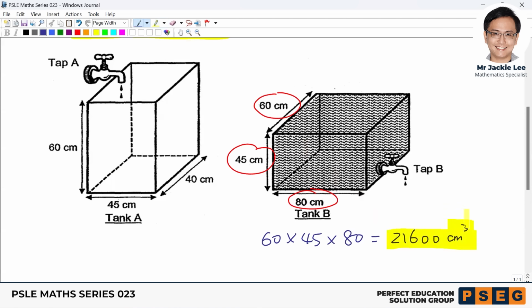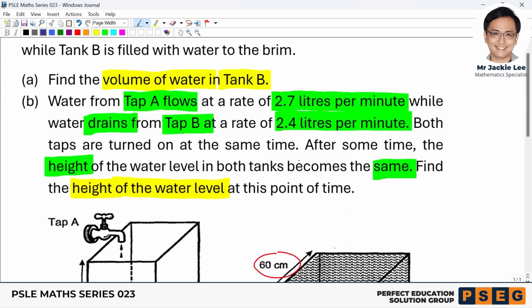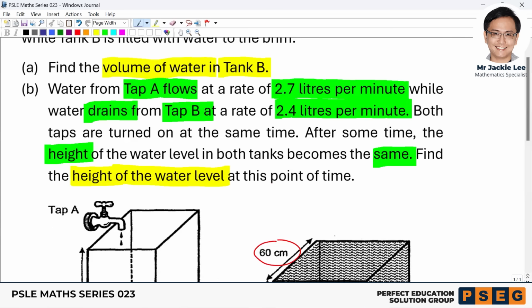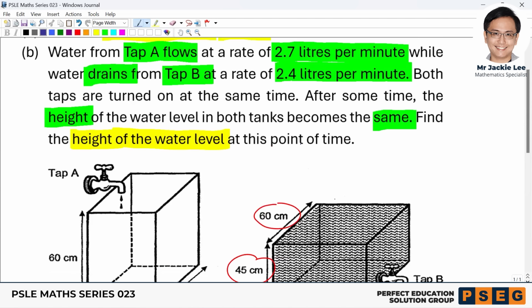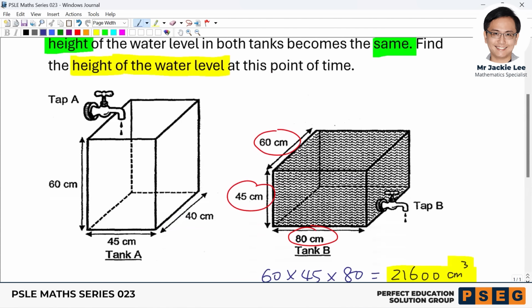Next, the water going in at this rate, which is 2.7 liters per minute. Now 1 liter is 1000 cm cube. And tap B is coming out at 2.4 liters per minute. So what we are doing next is, at the moment when the water levels are the same, let's assume it is somewhere here.